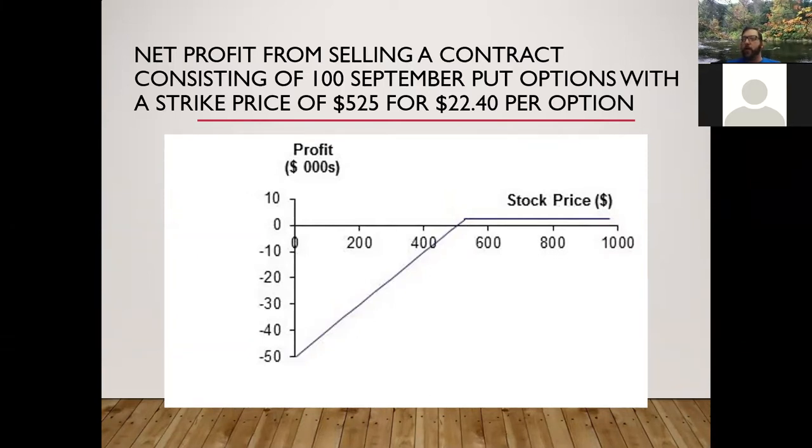And so in that case, right, I'm going to lose that full value, right? But then as the value increases, right, it goes up until when it's positive, when it's above that 525, I get to keep $2,240.